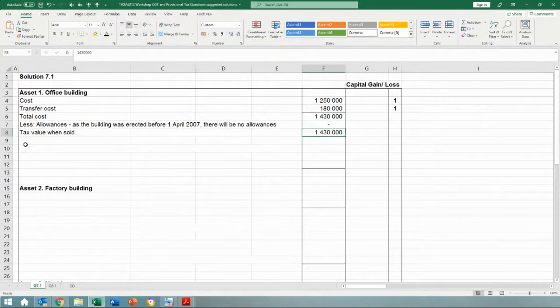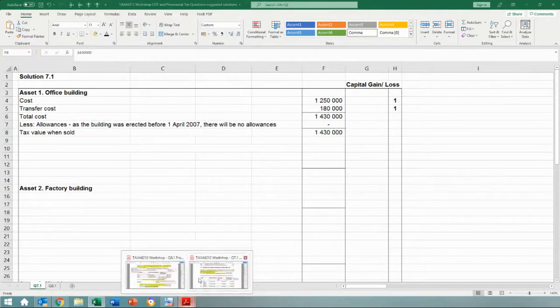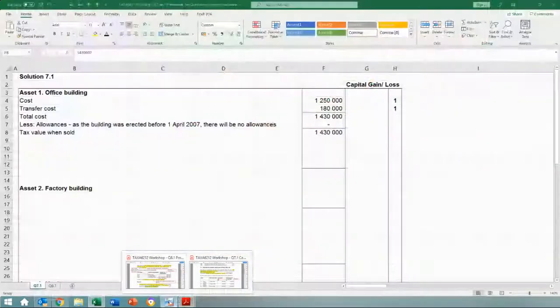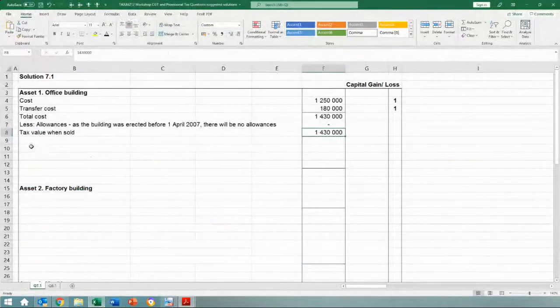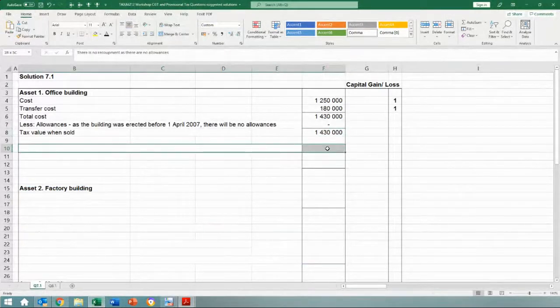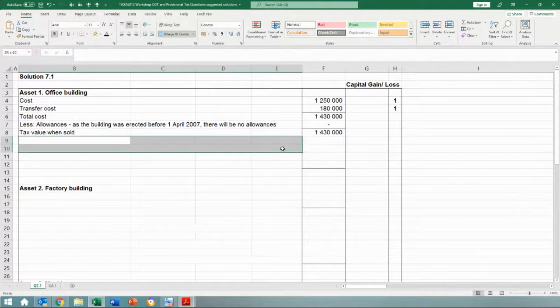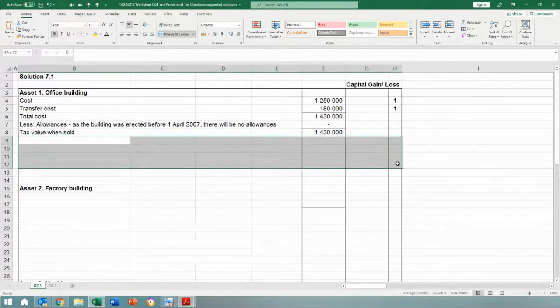We will not reduce it with any allowances when we work out the base cost. Now when we work out the capital gains, we first start with the proceeds. So the proceeds amount based on the information for the office building is 1.5 million. Because there is no recoupment, we do not actually adjust the proceeds amount.